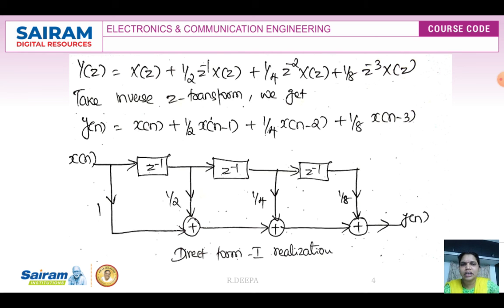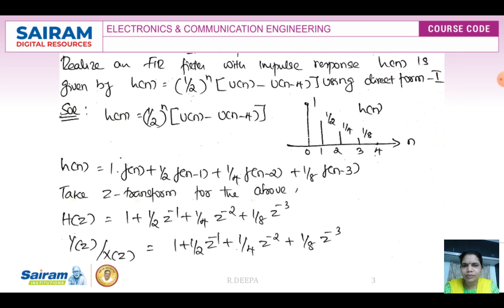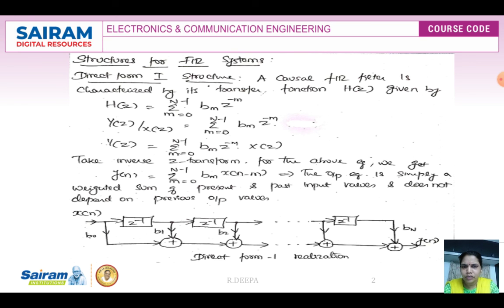So how to draw the direct form 1 realization: start with the input x of n and the output y of n. In between we are going to have the direct form 1 structure. As we have seen in the model, we have m is equal to 0 to 3, so we will have b0, b1, b2 and b3.